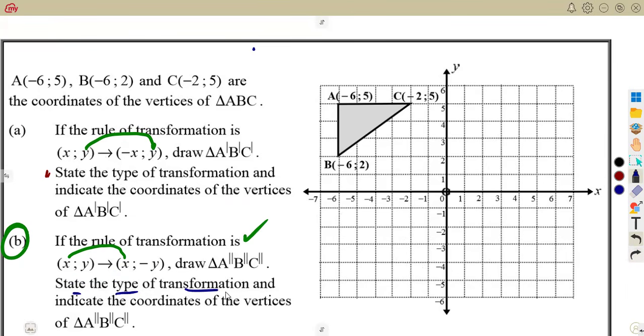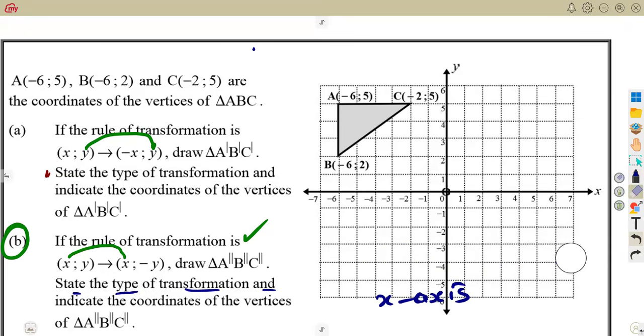State the type of transformation. So what is the type of transformation where x is not affected? That's a reflection. About what? The x-axis. What is not affected is the one about the x-axis.